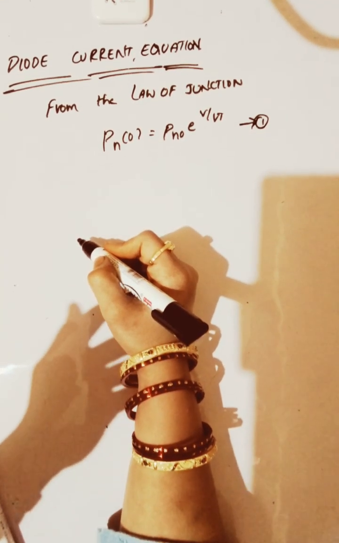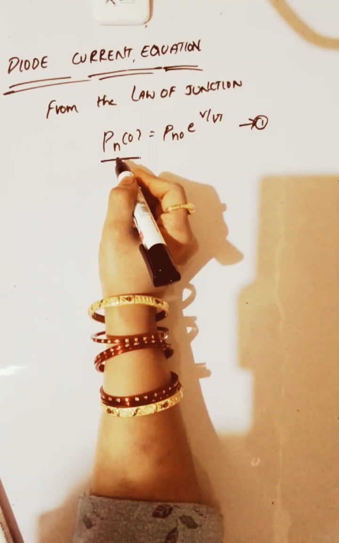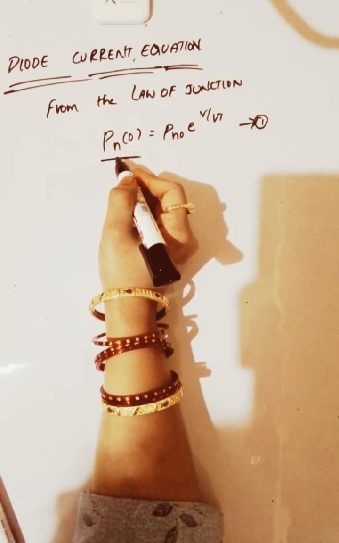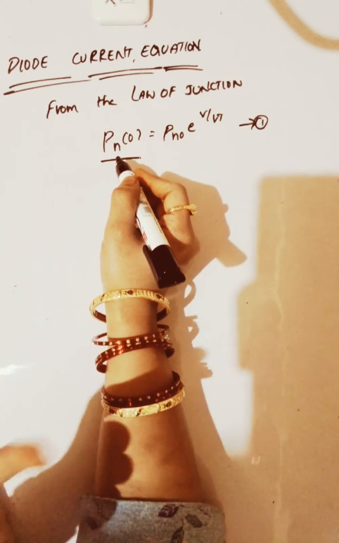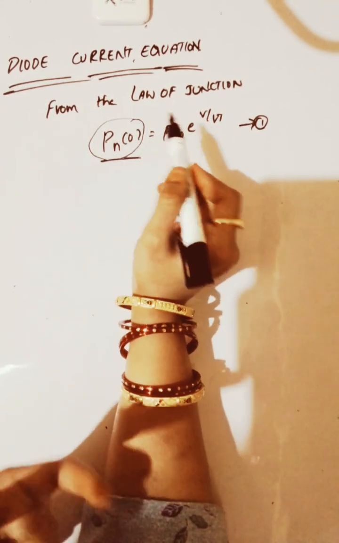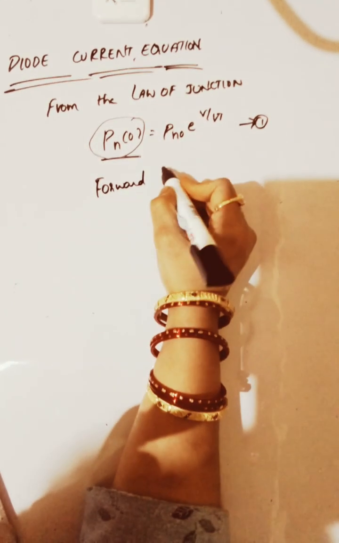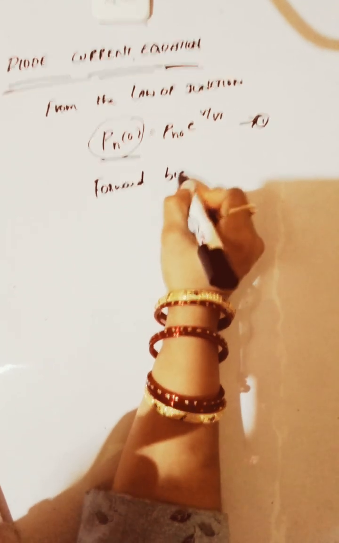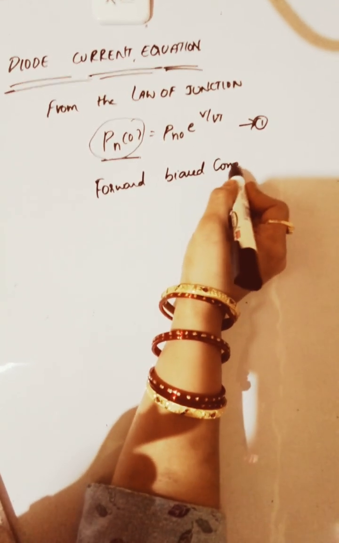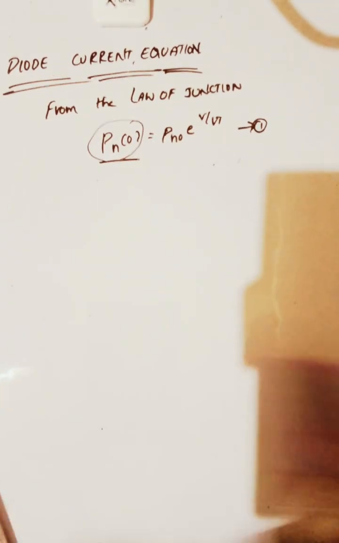Now we are going to discuss the diode current equation, where Pn(0) is the hole concentration at the edge of the depletion region in n-type material under forward bias condition. By seeing this, we have to remember the forward biased condition. Don't forget this, okay? This is the main one.